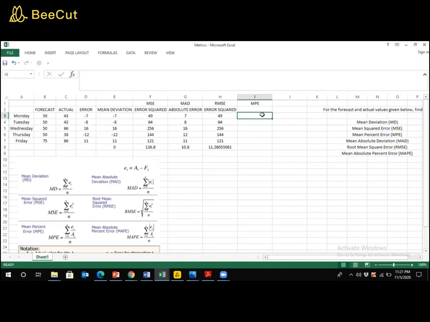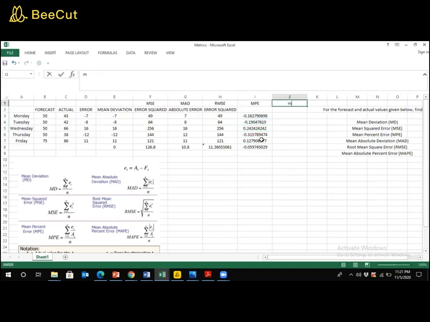So here I'm going to take the error divided by the actual, and I go all the way down, and then here I take the average. And so that gives the mean percent error.